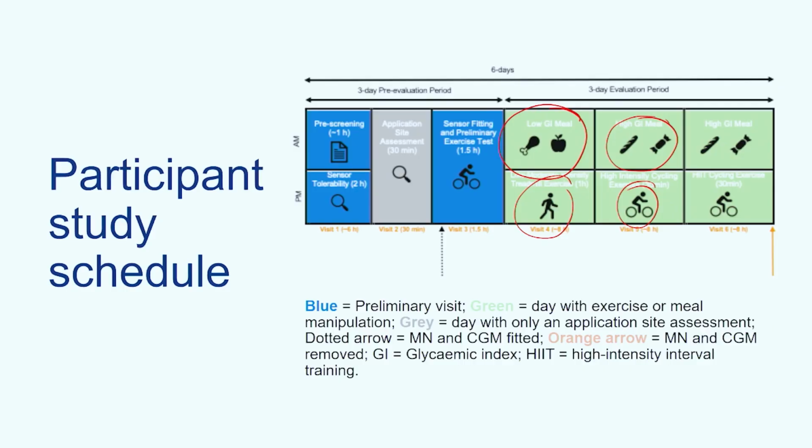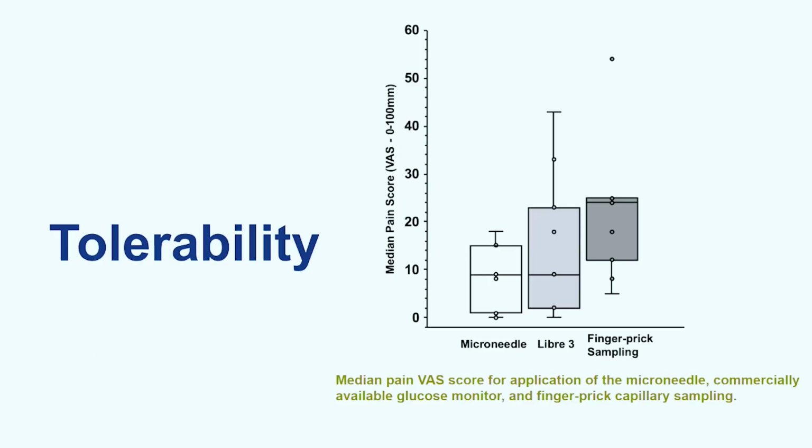Just to tell you a little bit about the translational studies. Here we again did some tolerability studies using visual assessment methods. Again, comparing microneedle with Freestyle Libre and finger prick sampling here, and as you can see, people would give you high scores for finger prick, that's here. Libre and microneedles seem to be nearly the same because we're using an applicator, and some people thought that it's much easier. With the microneedle, we were using moderate thumb pressure, and we were also trying to use applicators.